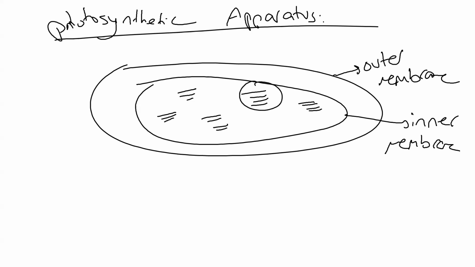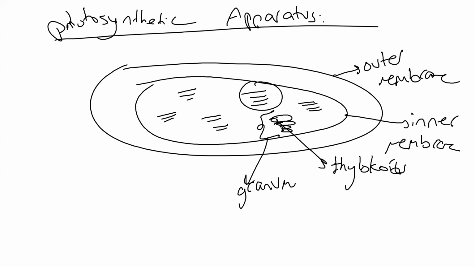If you zoom in inside, you'll find the thylakoids. In these thylakoids, the light-dependent reactions happen. A group of these thylakoids is called the granum. And the connection from one granum to another is called the lamella, the connection between a granum and another.